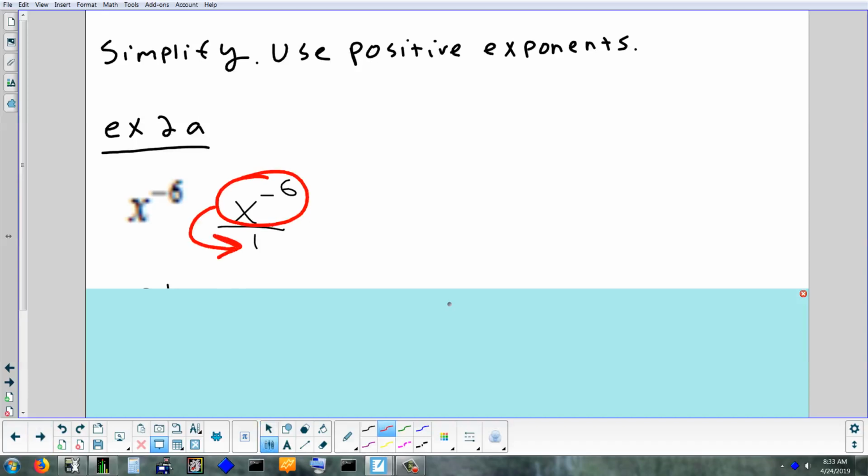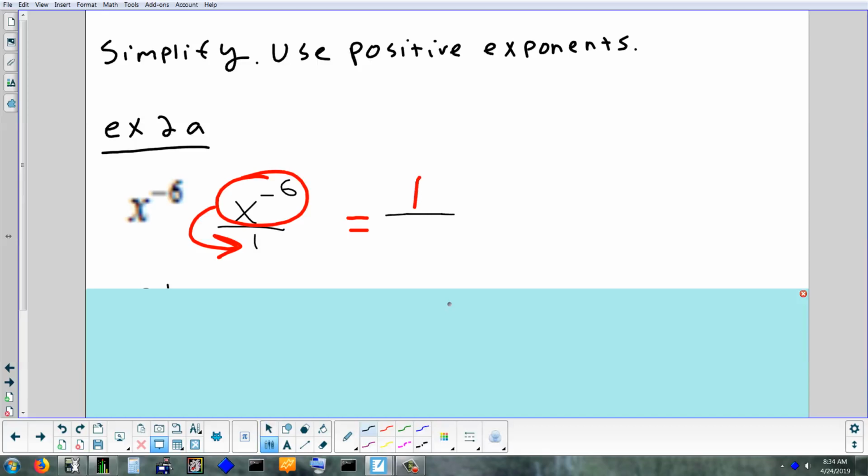Now, when you do that, what's left in the top now? 1. We're moving everything that's there, but you can't leave it empty. You got to put something. Put a 1. Because we were doing the division stuff, if there's nothing on the top, we could just put a 1 to hold the place.